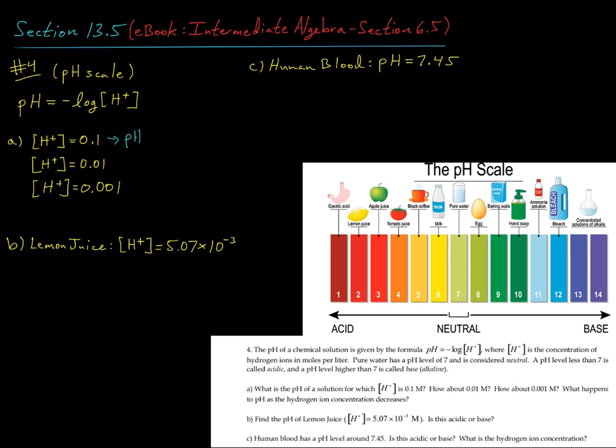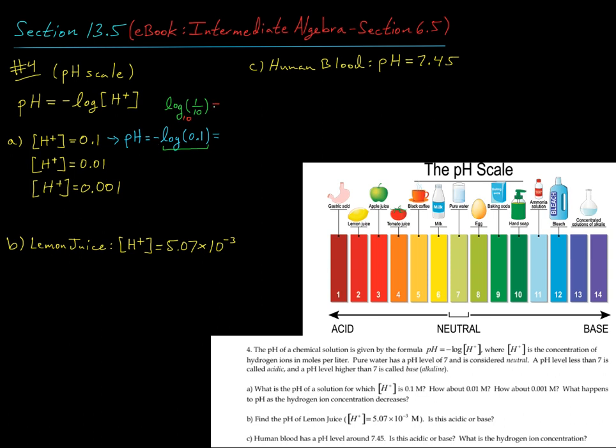So our pH would be the opposite of the log of 0.1. Okay, so now notice 0.1, that's just a tenth, right? So just off to the side here, if I want to take the log of 1/10, keep in mind that this is a base 10 logarithm because you don't see that subscript base written.